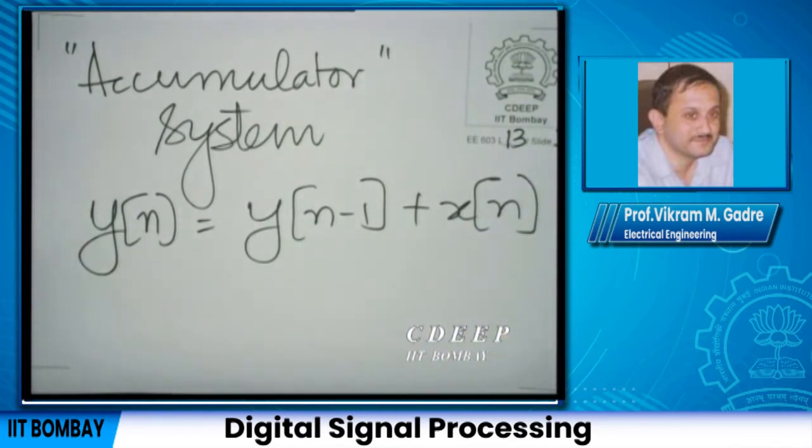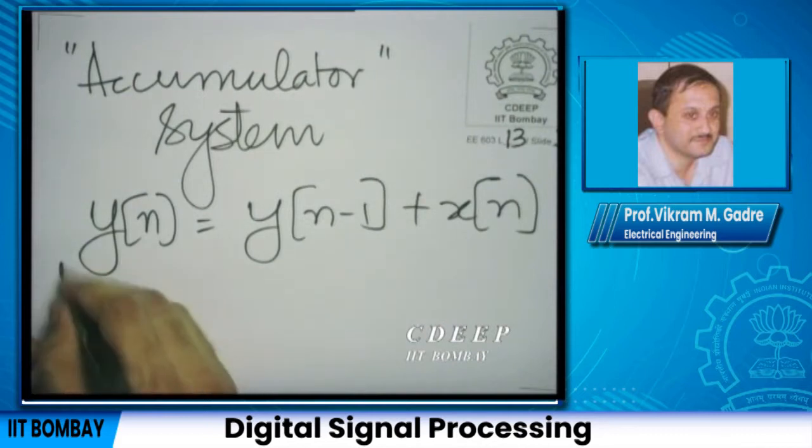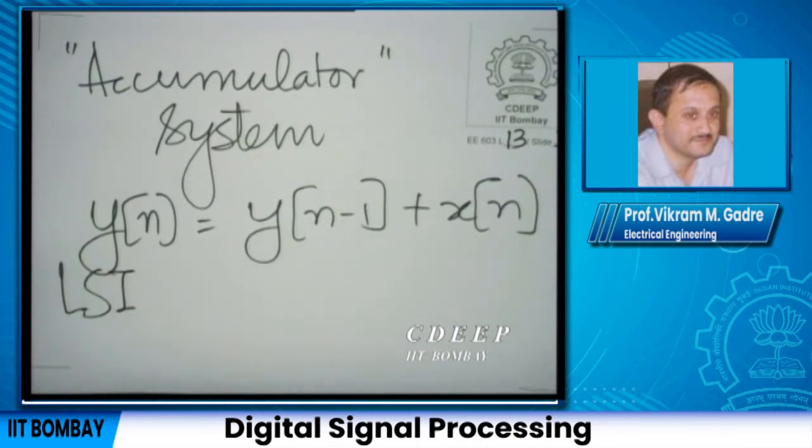So, if you consider this system, and if you take the LSI system described by this equation, where the output at a current time is equal to the output at the previous time plus the input at the current time. So, it keeps accumulating, whatever is coming now, it accumulates in itself. So, it keeps taking a sum until that point in time. This is called an accumulator system.